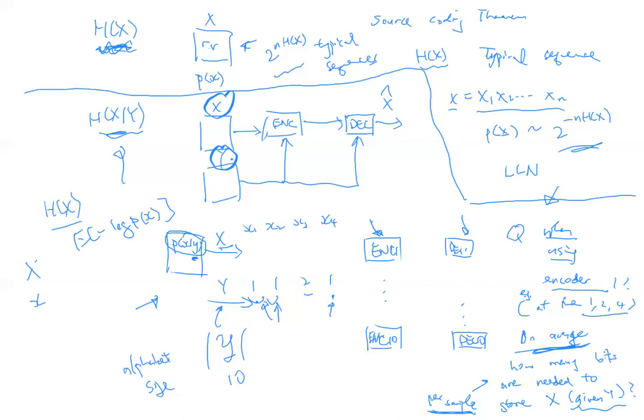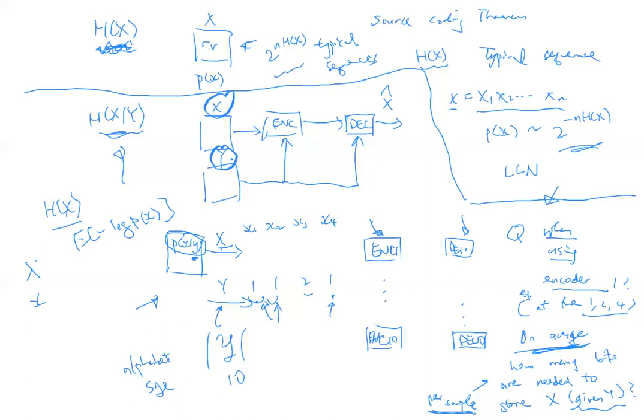Now to be a step more precise: how do I quantify the amount of information of that random variable? One very precise way is how many bits are required to compress the source per sample, per each x, such that I can recover x losslessly, right?